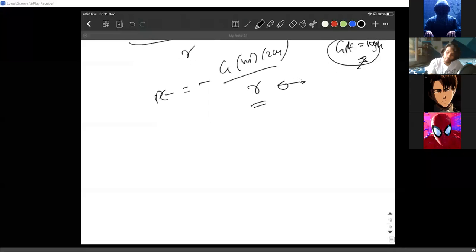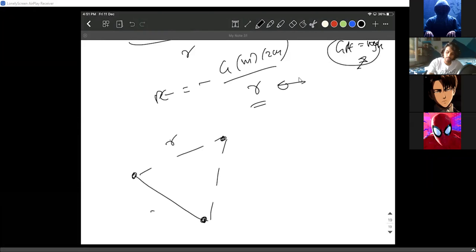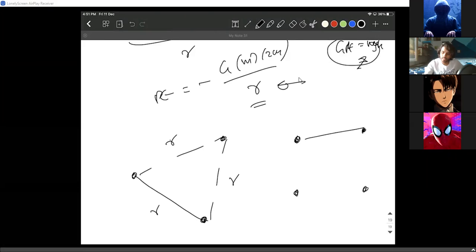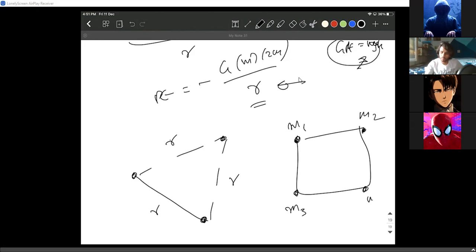Now what if you have multiple masses like this? What is the potential energy now? All you need to do is write all the three combinations. If you have four masses, write all the combinations. With four masses, let us say m1, m2, m3, m4. Here I'm writing m1, m2, m3, so you'll only have three combinations: m1 m2, m2 m3, m3 m1.